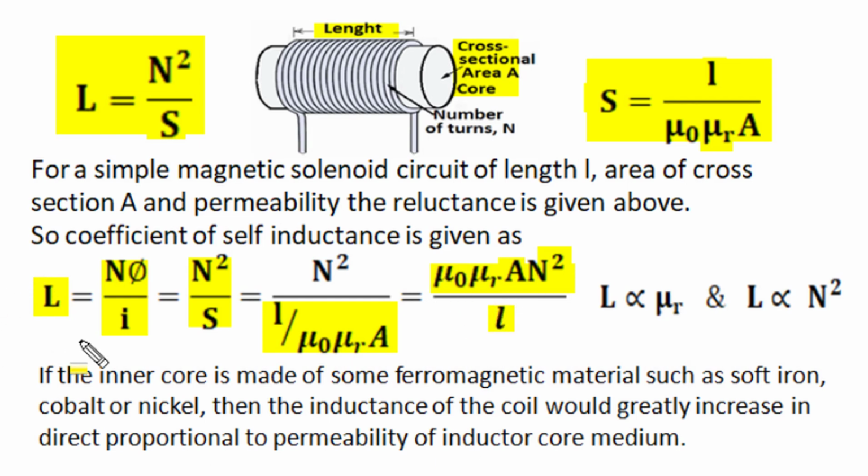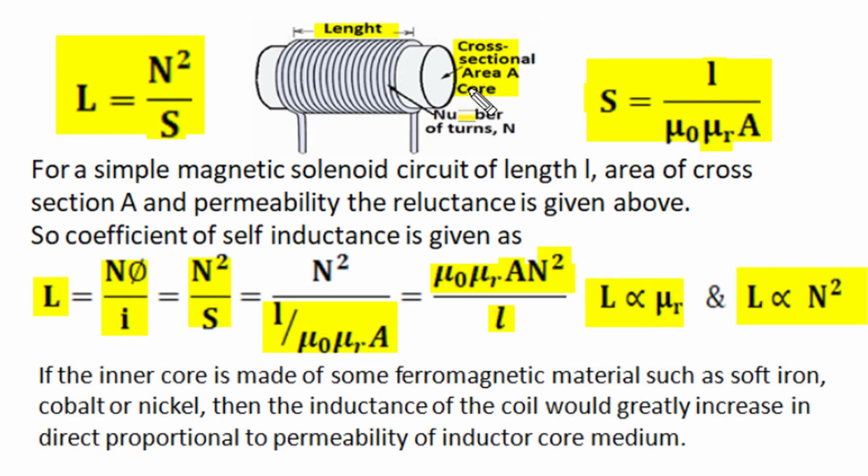So we can say coefficient of self-inductance is directly proportional to square of number of turns. If we double number of turns, coefficient of self-inductance will become 4 times, and coefficient of self-inductance is also directly proportional to relative permeability of core media.